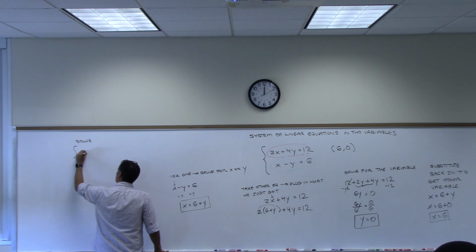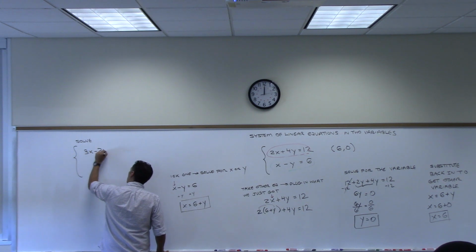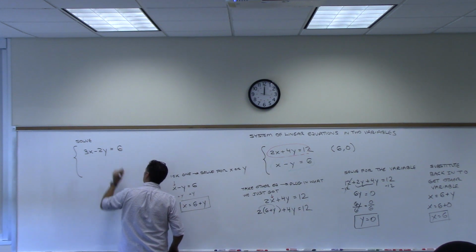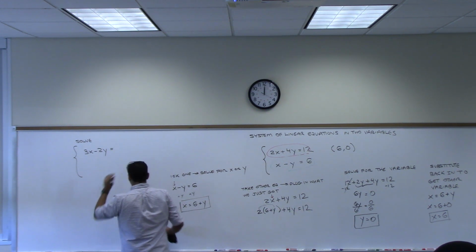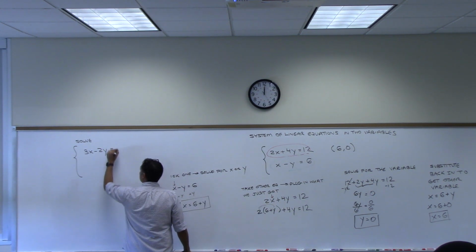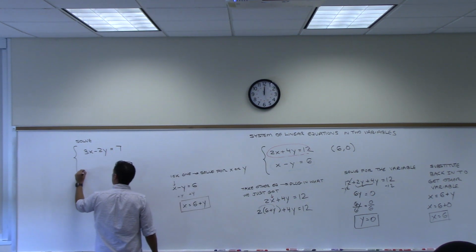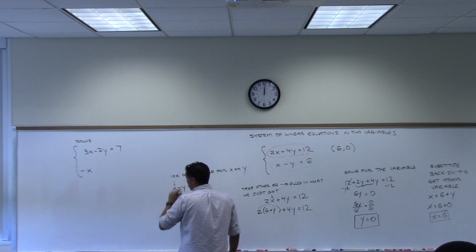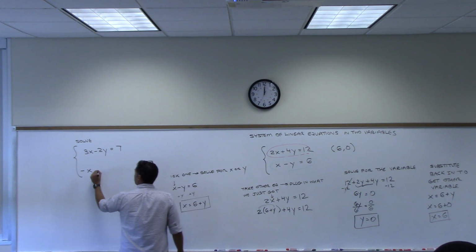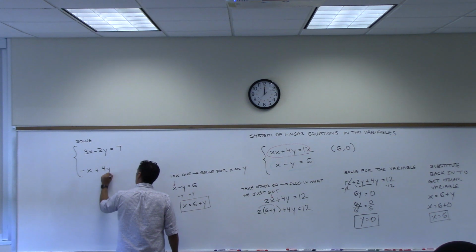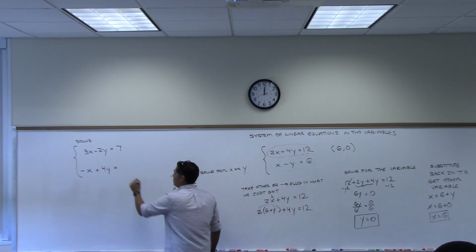Solve 3x minus 2y equals 7. No, hold on. Negative x, we'll go plus 4y equals 1.